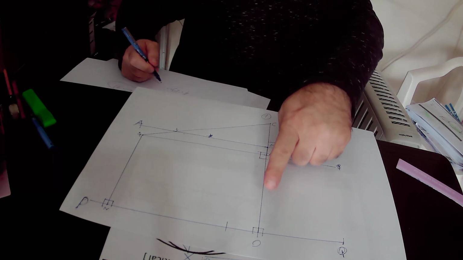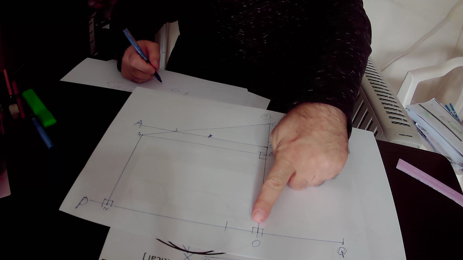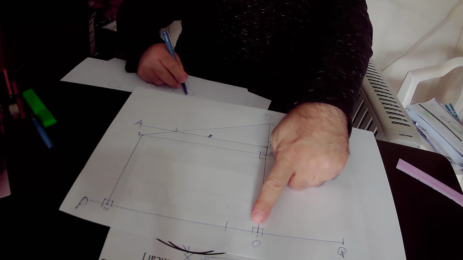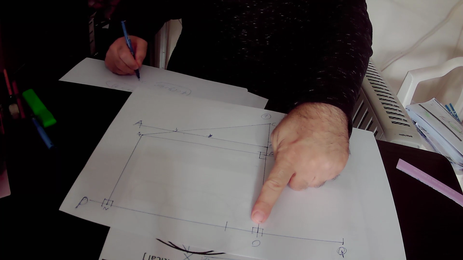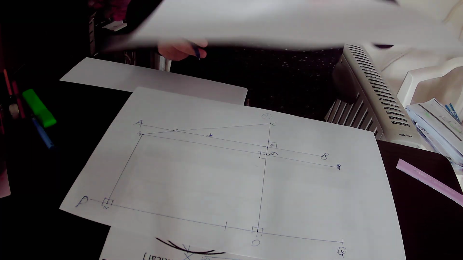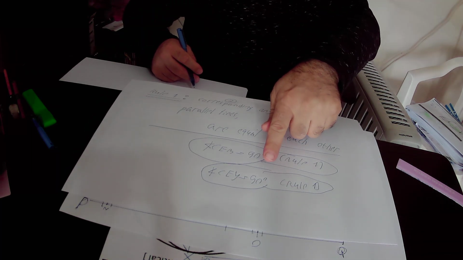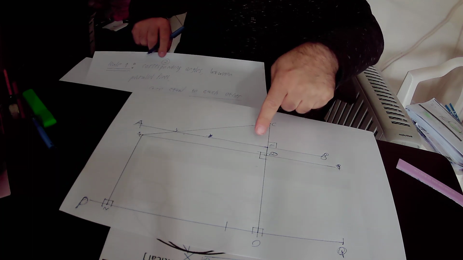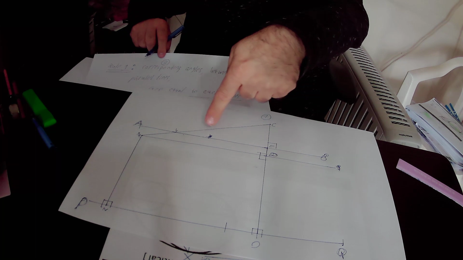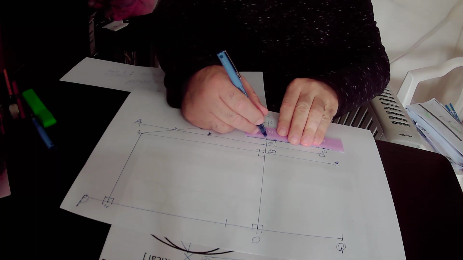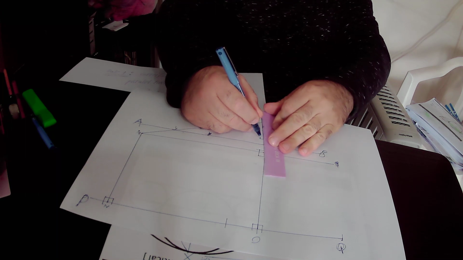Or in other words, angle CEY equals 90 degrees, that is to say it is a right angle.